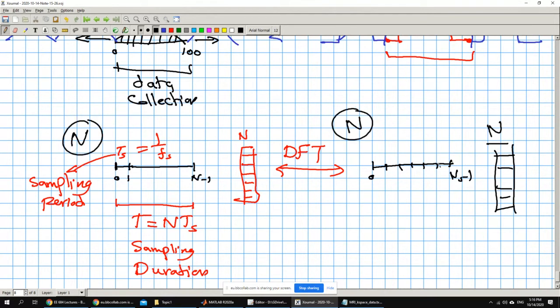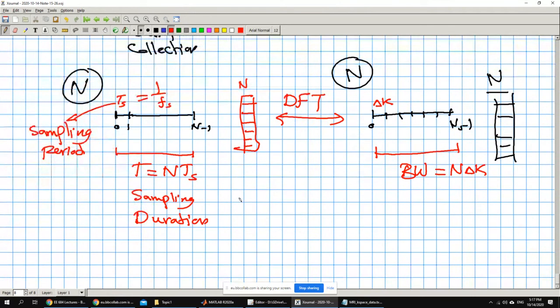But here you have different sampling periods. The distance here will be delta k, since we decided that the variable here will be k. The whole thing in the frequency domain is the bandwidth, which is equal to n delta k.